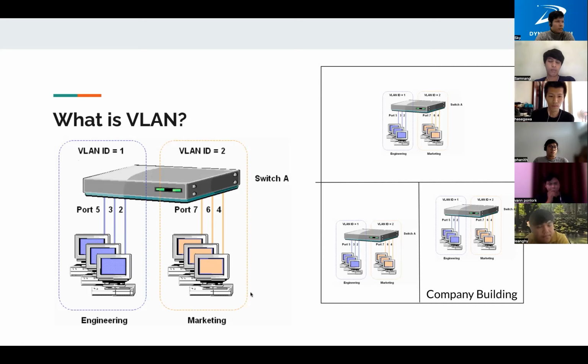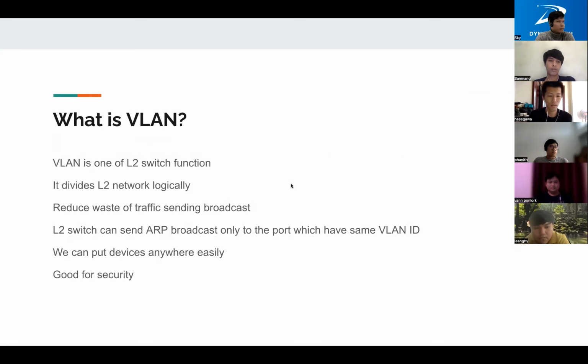For example, using VLAN, we put them on the first floor, another room, but the network is divided department by department, engineering department, marketing department, and so it's good for security.